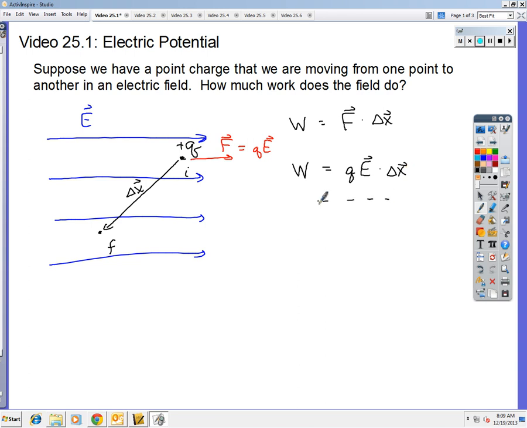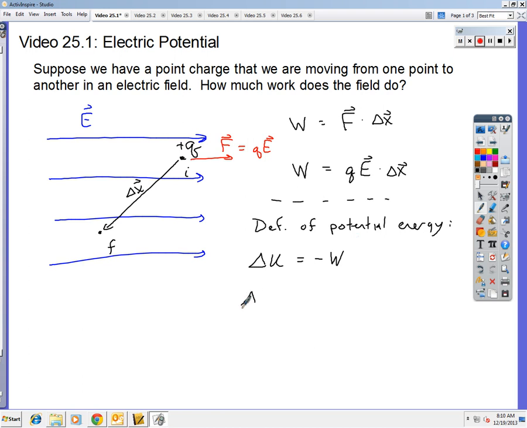Also remember the definition of potential energy. The change in the potential energy of a system is equal to the negative of the work done by the field.